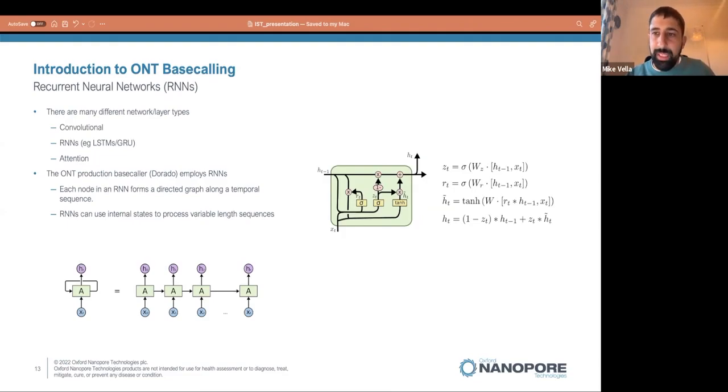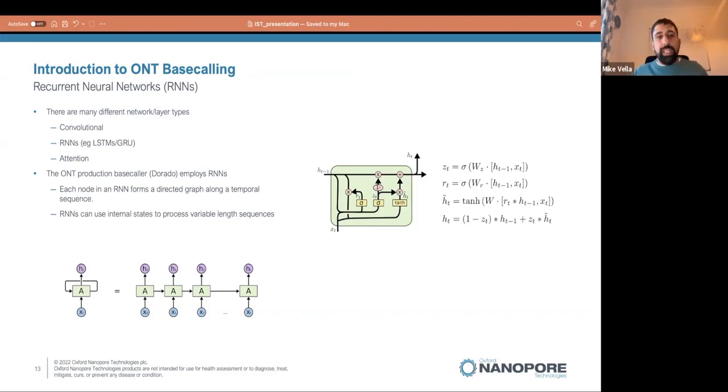There's something called the attention mechanism, which is gaining a huge amount of popularity. At Oxford Nanopore, we found that for the balance we'd like to strike between accuracy and performance, that is to say inference speed, recurrent neural networks have enabled us to achieve the best results so far.